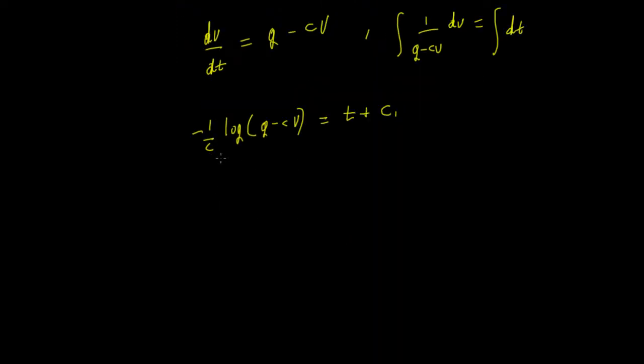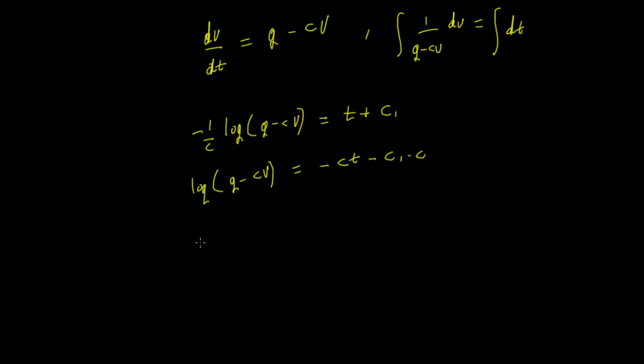Okay, so taking the minus 1 upon c across, we're going to have log of g minus cv equals minus ct minus c1 times c.